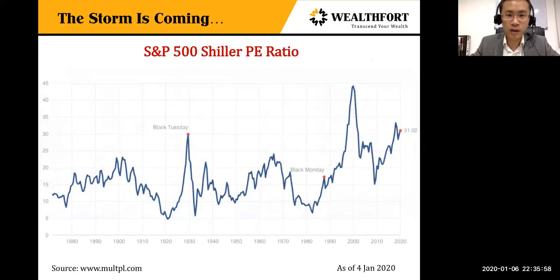So if you look at the P ratio compared to the stock price, this is the S&P 500 Shiller P ratio. During the Great Depression, the S&P 500 P ratio was at 30. In the dot-com bubble, the S&P 500 was at 45.